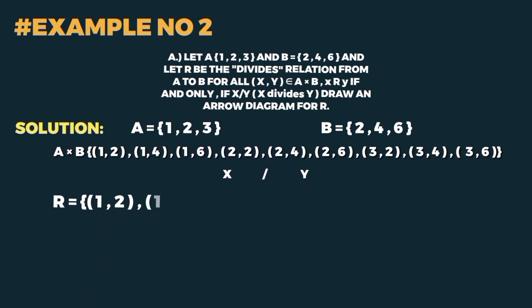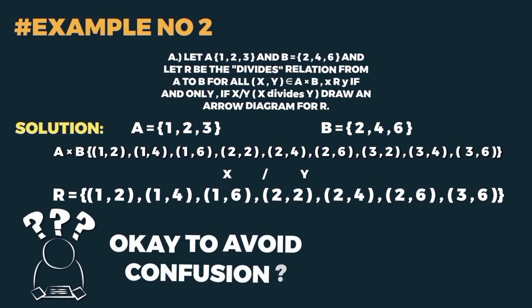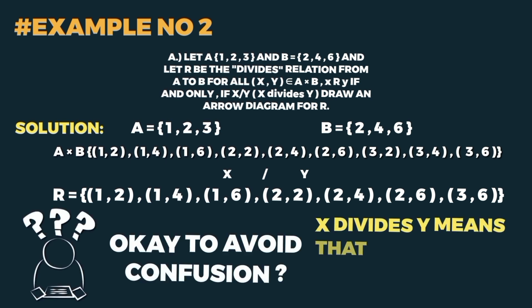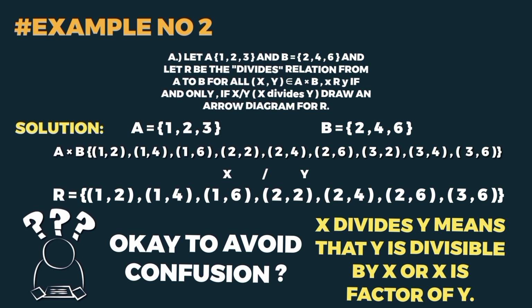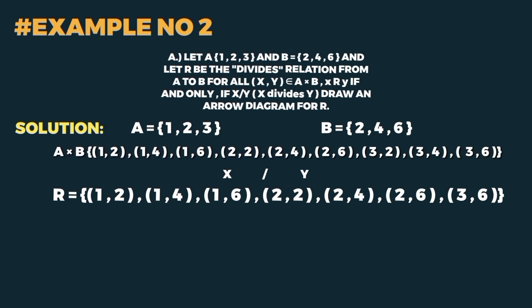For our relation R, is (1, 2) part of our R? Yes, it is because 2 is divisible by 1. Okay, to avoid confusion, X divides Y means that Y is divisible by X, or X is a factor of Y. So let's go to (1, 4).